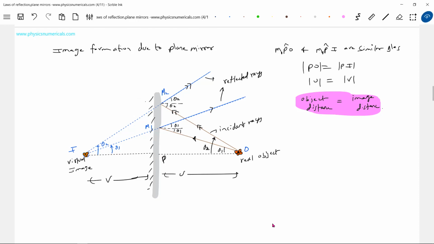How do we measure object and image distance? Perpendicular to the plane mirror. U and V are measured perpendicular to the surface of a plane mirror.